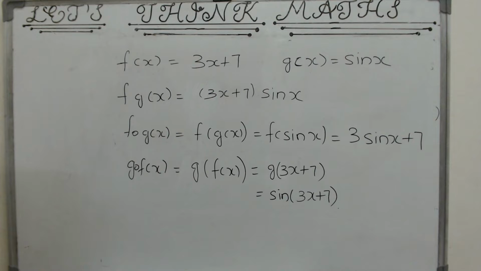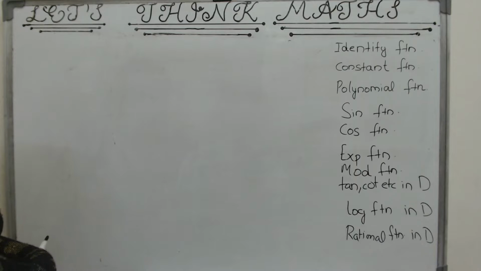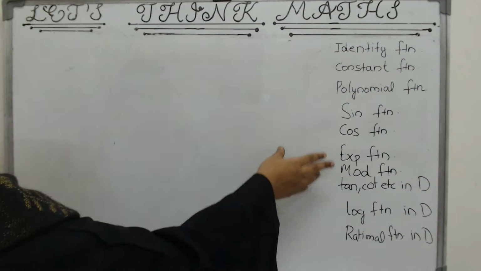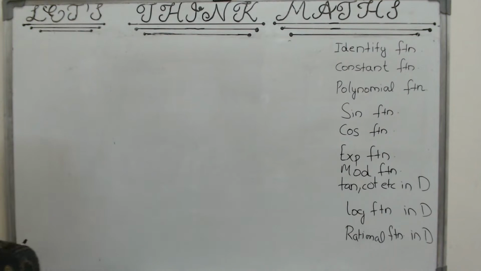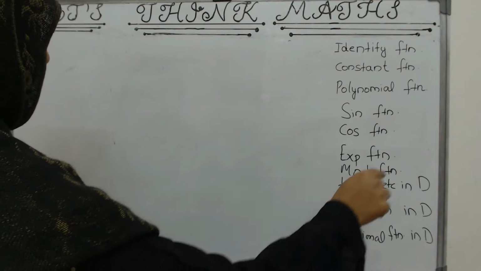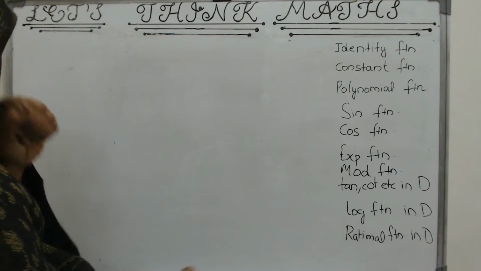Now we go on to the examples of functions. These are some examples of continuous functions: the identity function, the constant function, the polynomial function, sine, cos, the exponential function and the modulus function. But please notice that for the last three I have specified that it is only in their domain. What does that mean?